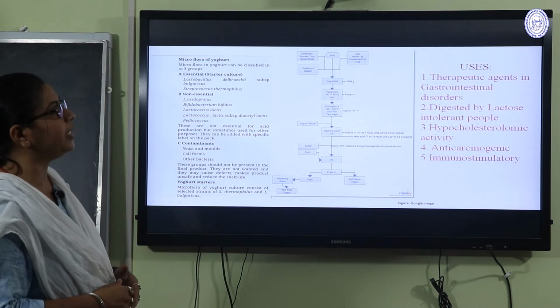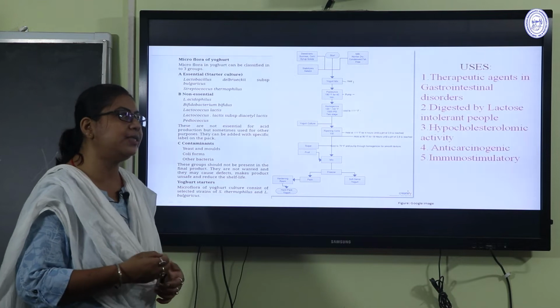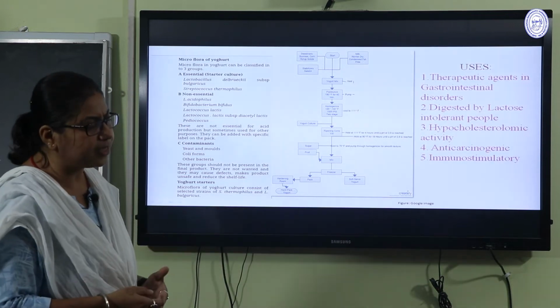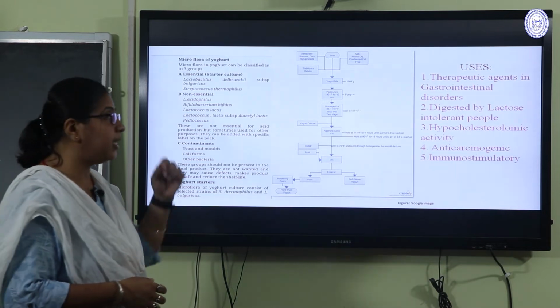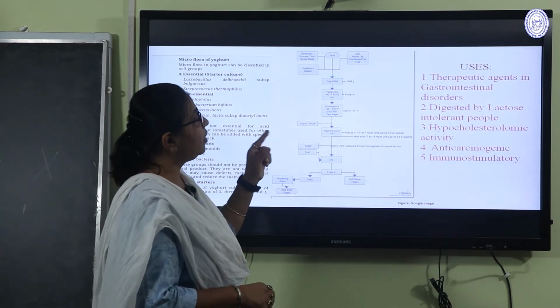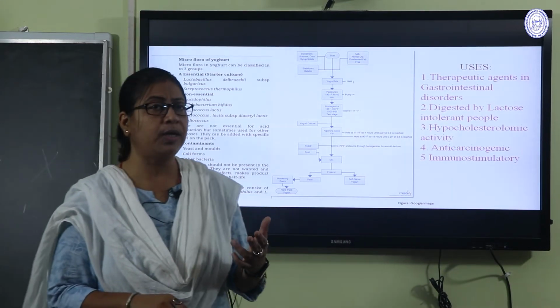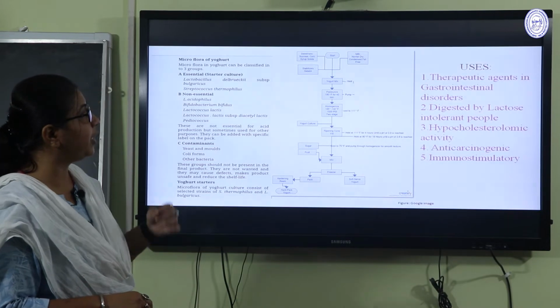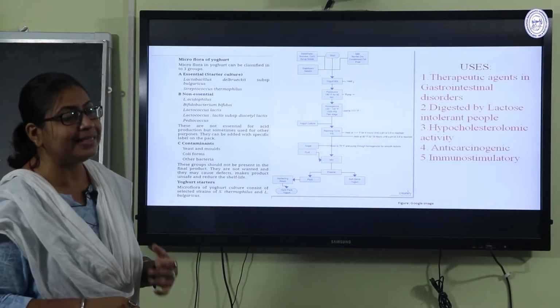So what are the health benefits of yogurt? We are very familiar with taking yogurt daily for maintenance of our health. Why do we take yogurt in our daily routine as a dietary supplement? It has a very effective therapeutic role in the management of gastrointestinal disorders.